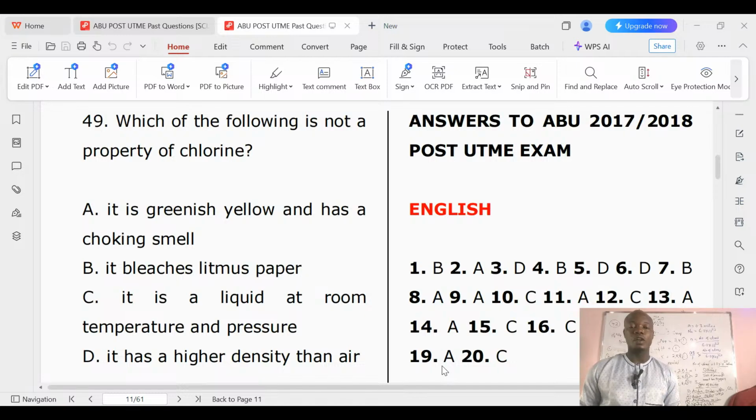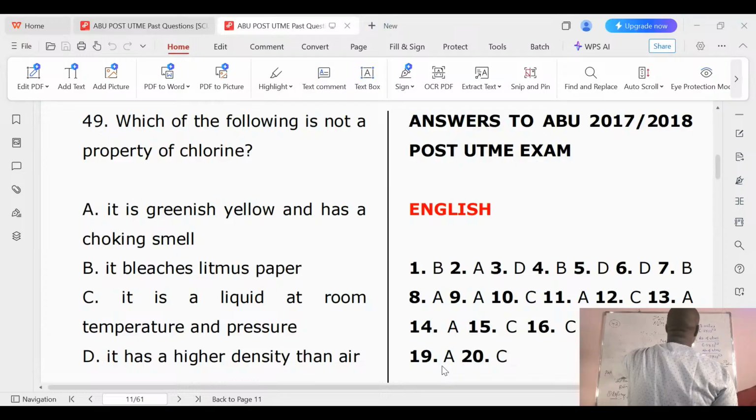And the density of chlorine is higher than air by 2.5 times. So therefore, the answer to this is option C.